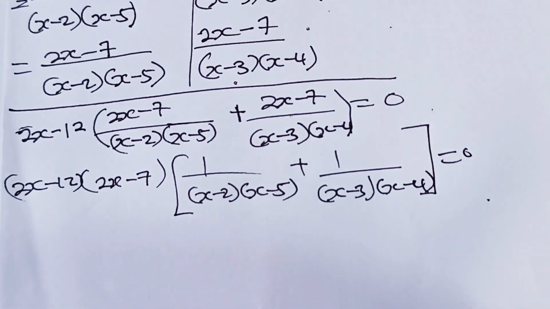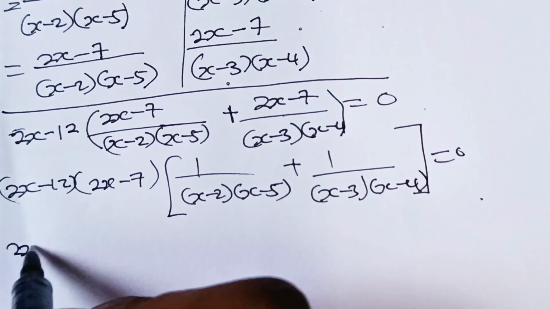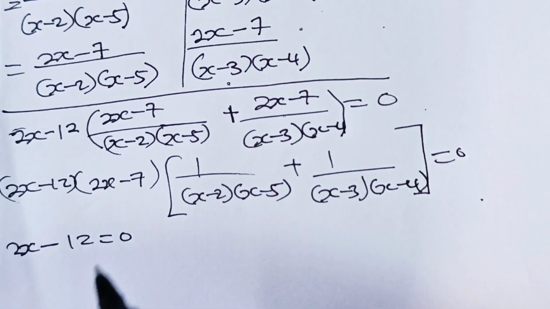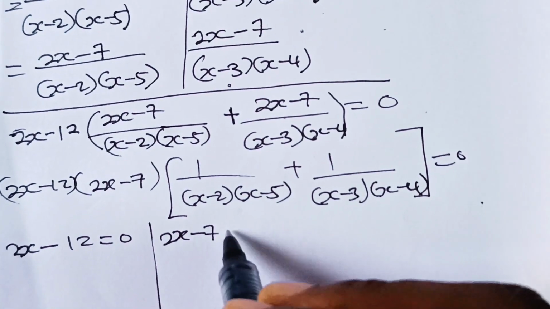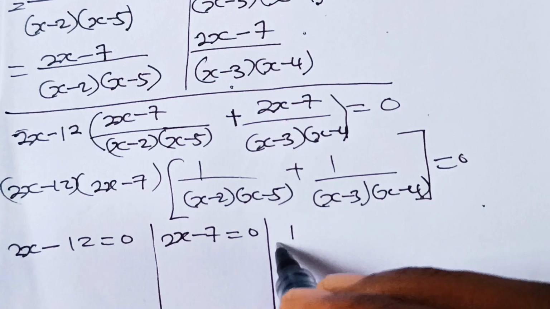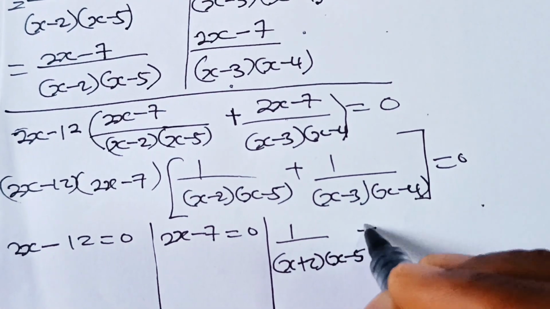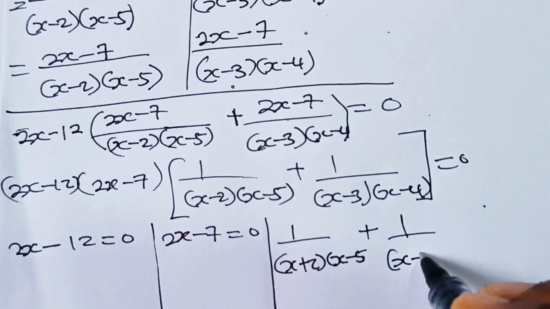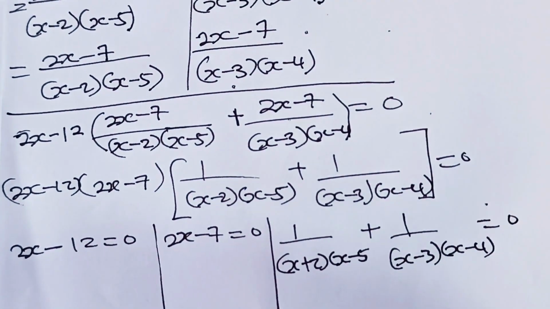Now I want us to look at this very well. At this point, we can now equate that 2x minus 12 is equal to 0, yes, 2x minus 7 is equal to 0, then the whole of this, 1 over x minus 2 bracket x minus 5 plus 1 over x minus 3 bracket x minus 4, is equal to 0 as well.